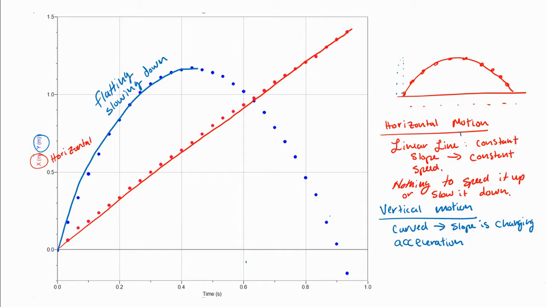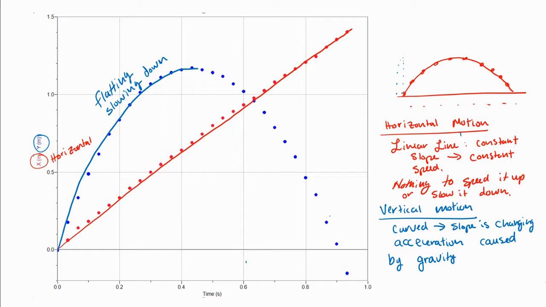If it's slowing down, what's causing that? Of course, that is gravity. Gravity is always pulling this thing down, and as a result, it's going to cause acceleration vertically.